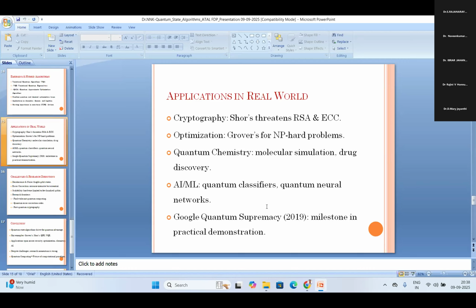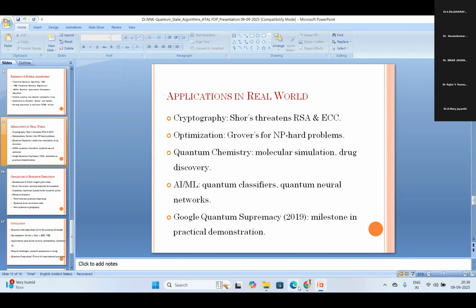AI/ML applications use quantum neural networks as well as quantum classifiers as backend, so that the fastest data can be generated and processed. Google's Quantum Supremacy is a milestone, a practical demonstration of this process.